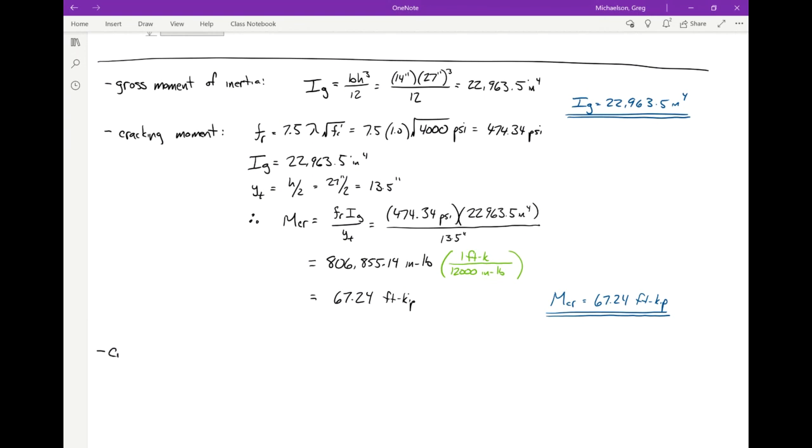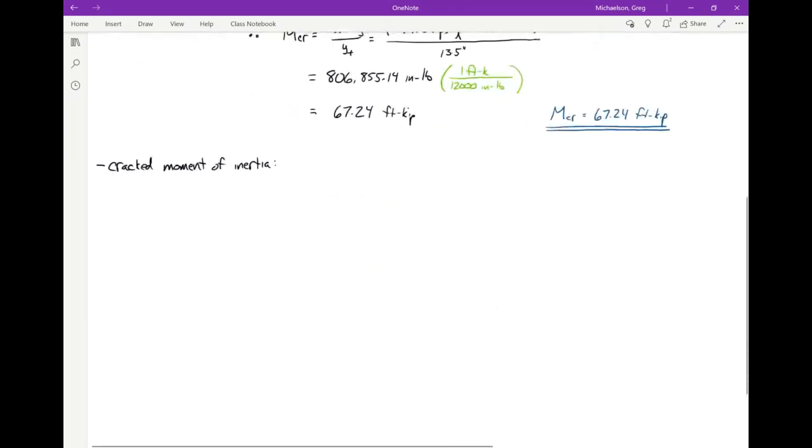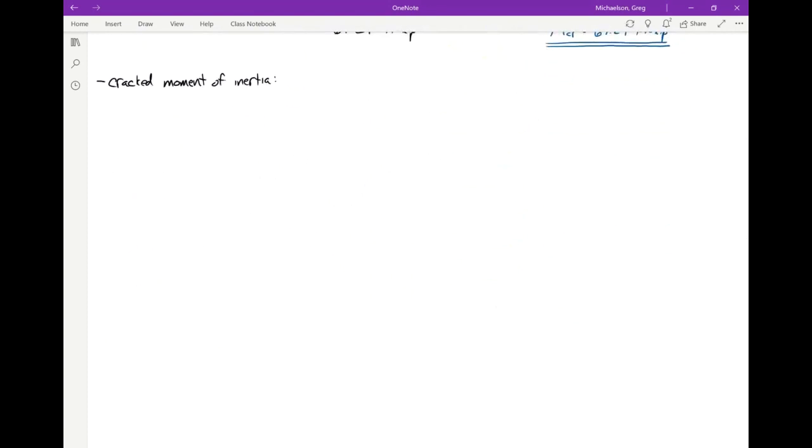So next we need the cracked moment of inertia. The first thing that we need to do to compute the cracked moment of inertia is we need a modular ratio. We need an n value.